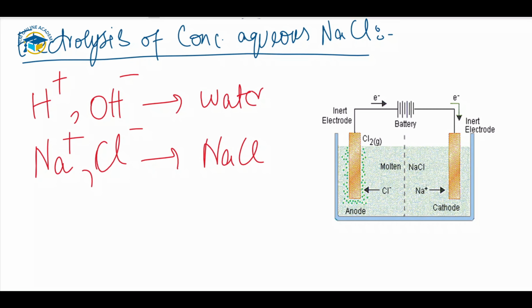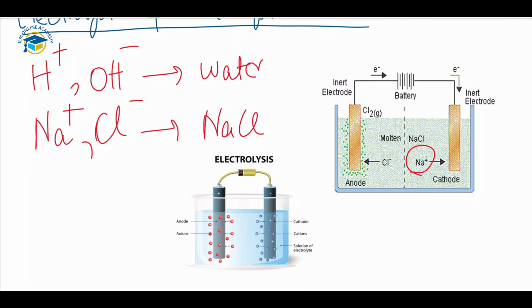When the current flows, the hydrogen ions and the sodium ions are both attracted towards the cathode. This is the diagram for the molten NaCl, and this one, as you can see under it, is for the concentrated aqueous solution of sodium chloride.